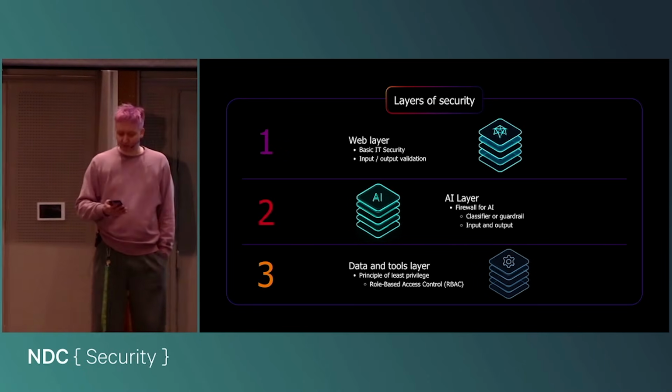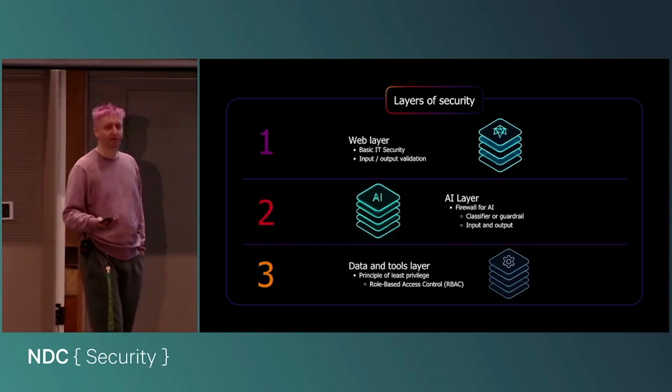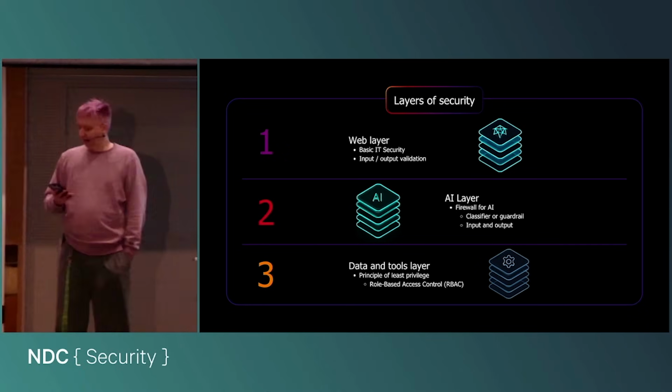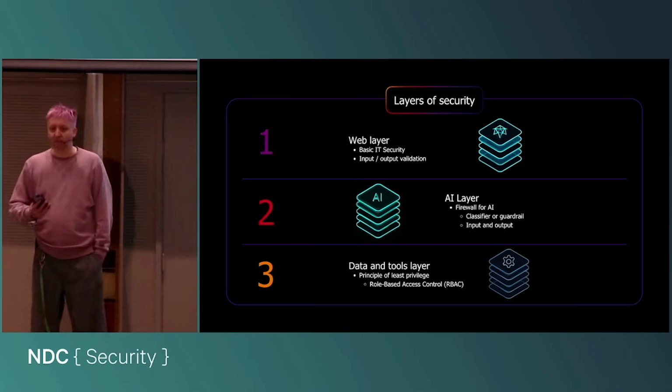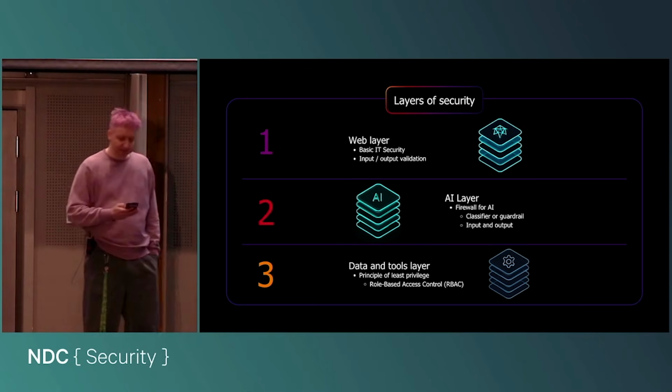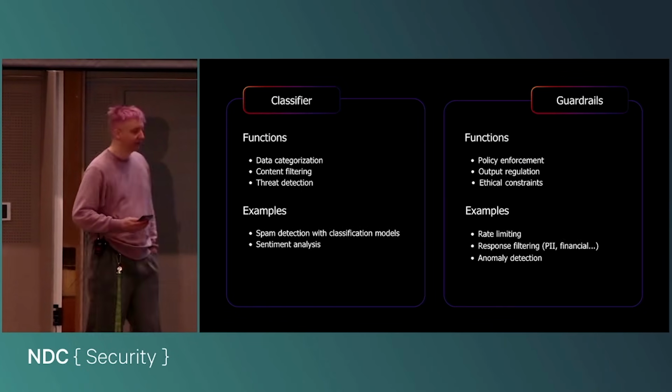I will mention a bit more about that as well, but we are checking our inputs, our outputs. And then we have the data and tools layer, where we have our RBAC, which we will mainly be talking about, but let's just jump into looking at the AI layer first.